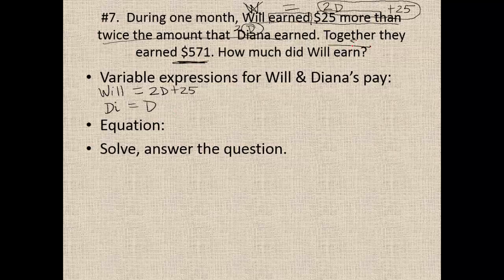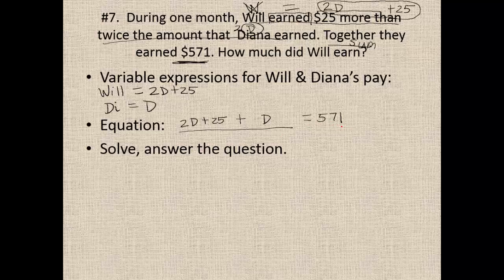Together, so that means sum, together they earned 571. So the equation is adding them together makes 571. You take the expression for Will, which is 2D plus 25, and the expression for Diana, which is just D. If you add them together, you get 571.